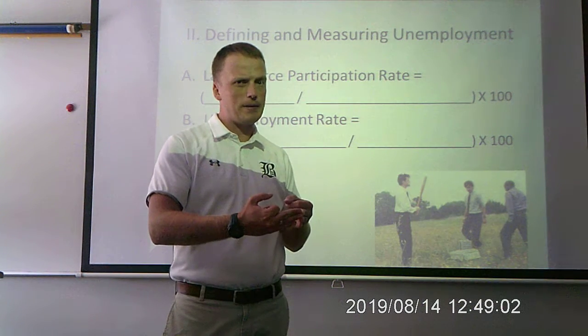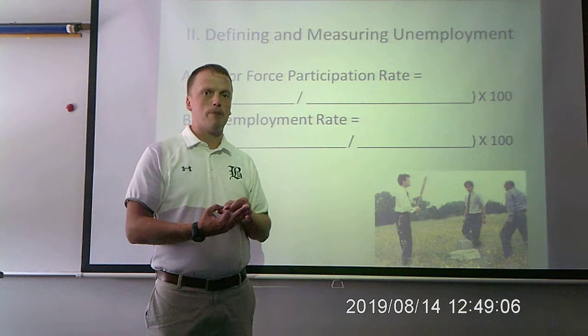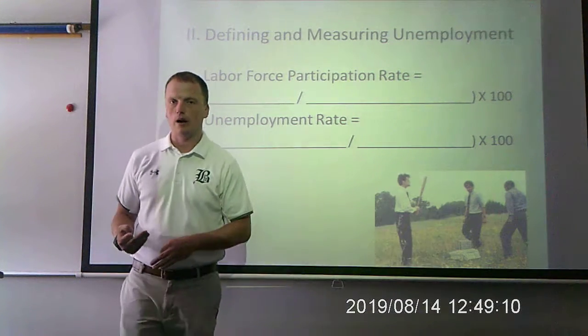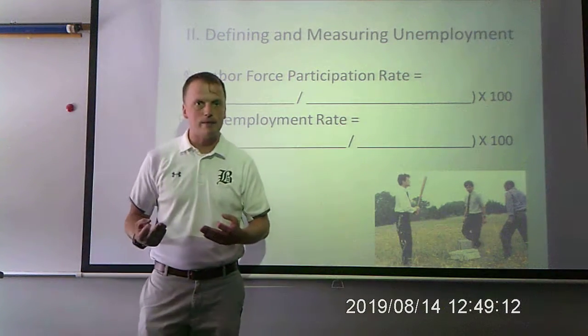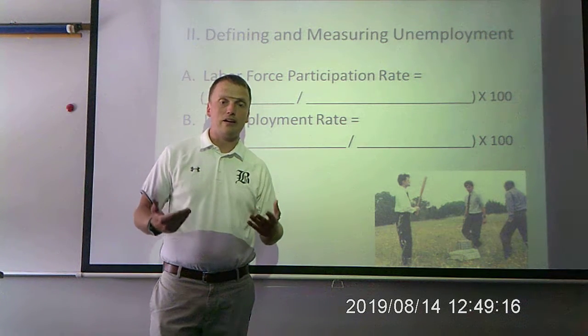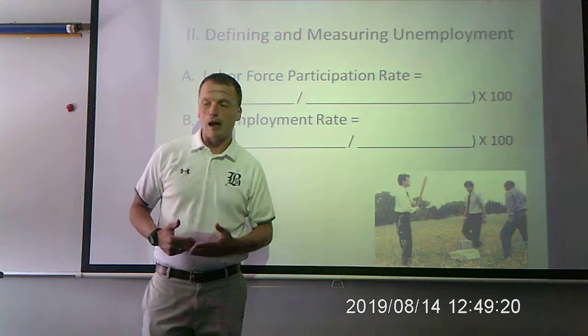I'll get into what I mean by that. In other words, they may have work, but that might not be the best work for them. And so, can you really consider them employed? Well, technically yes, but in reality, when it comes to meeting a certain standard of living, perhaps not.